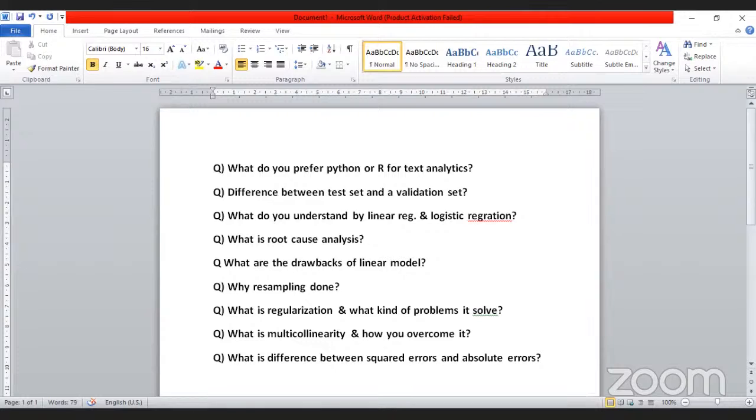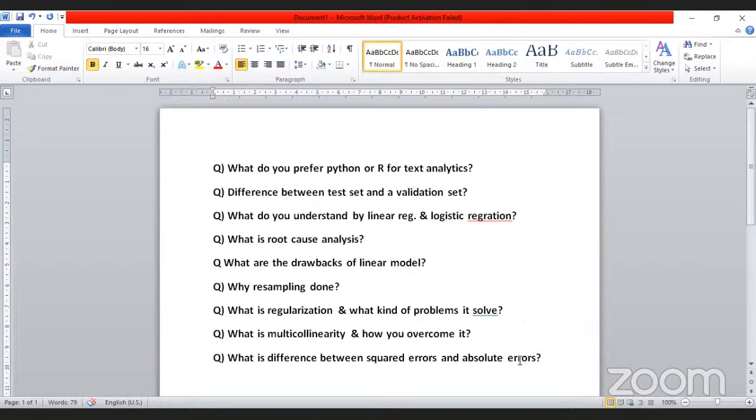Now, is it clear? See, not much difference between mean squared error and mean absolute error. That means the mean of the squared error and the mean of the absolute error. So the squared error is just the squared value of the error. Whatever the value of error we are having, square of that.